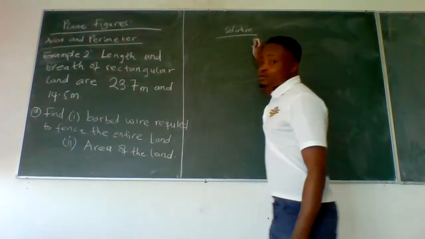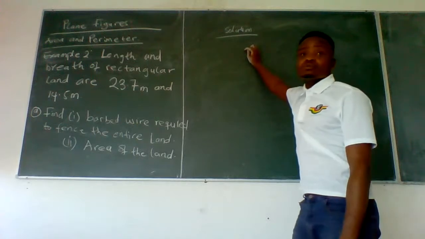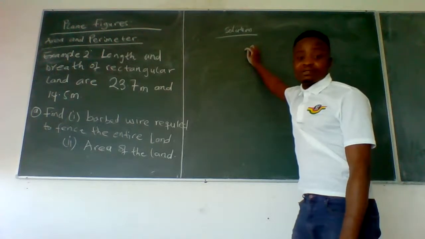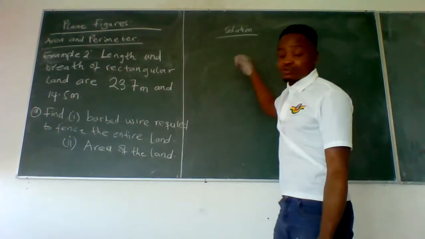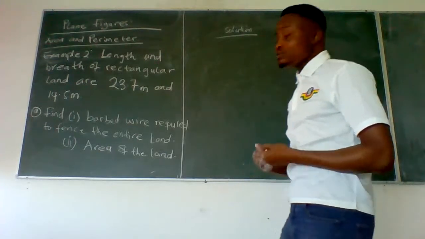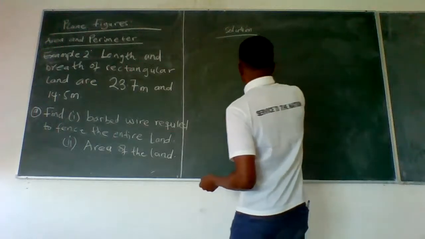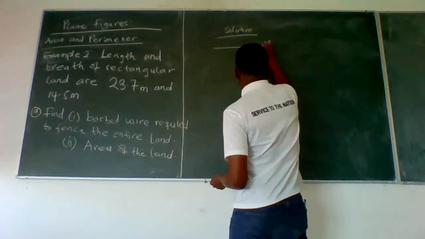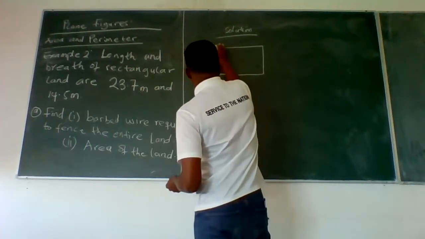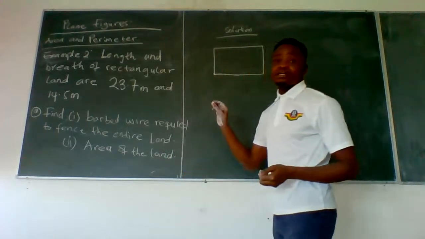And the best thing is, when you have a problem like this, try to capture your problem in the form of figures. Try to draw something, put down something, so that it will give you a general idea of what is happening. So first of all, the scenario is a rectangular field. A rectangular field means it's like a rectangle.